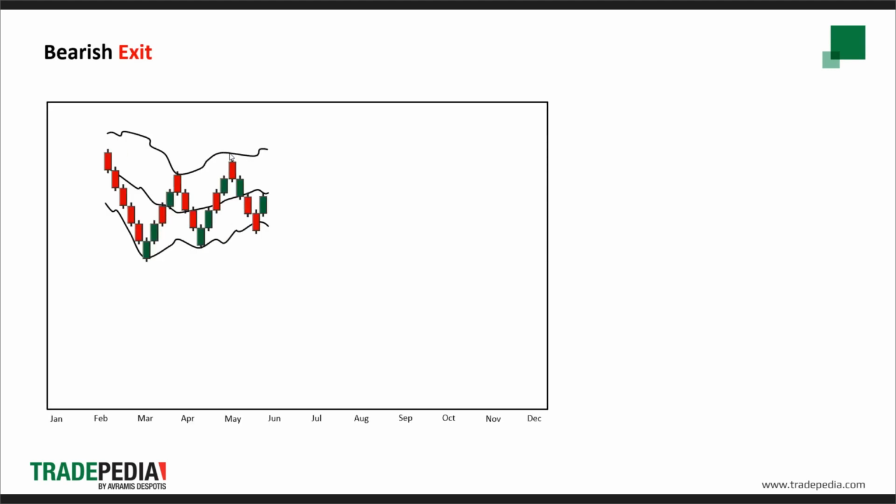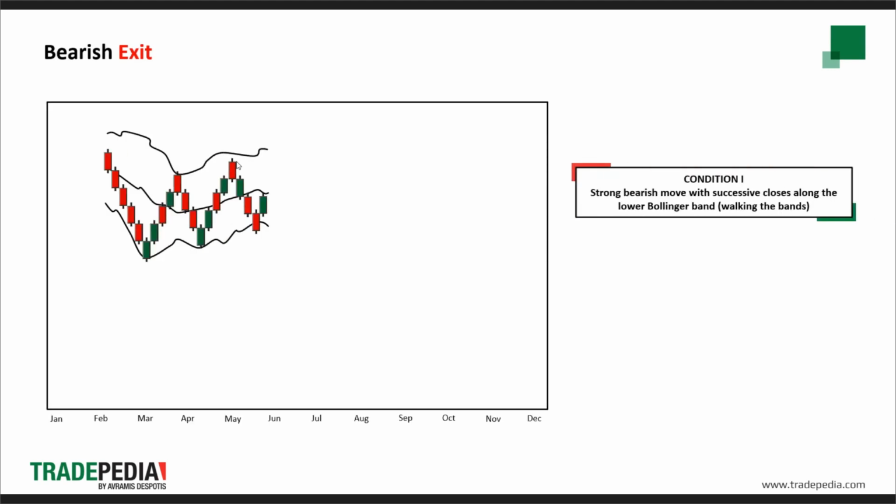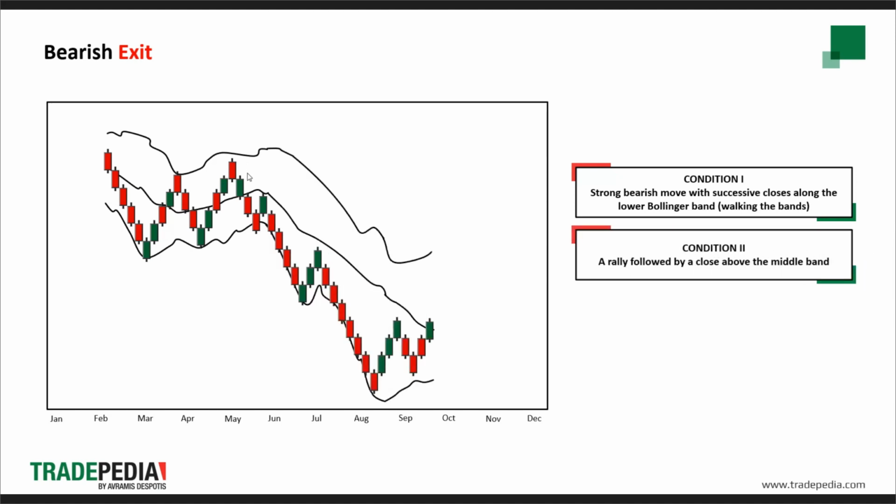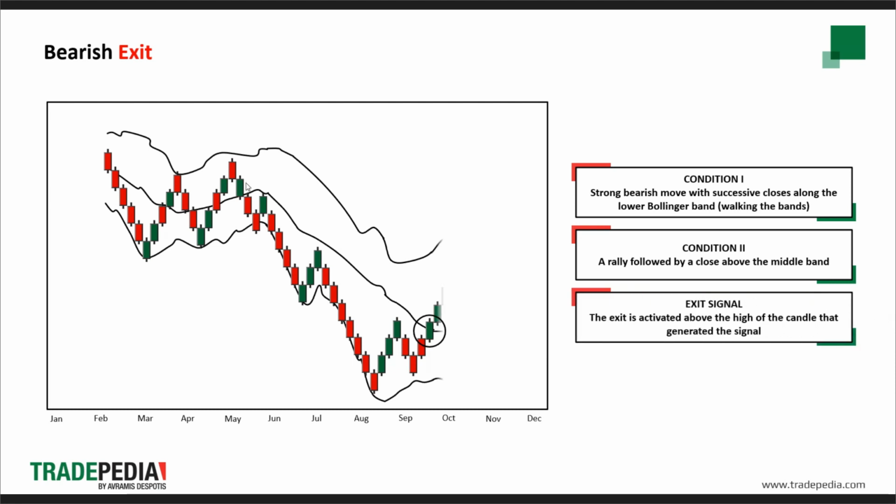Likewise, for bearish exit, it will be the opposite. We can see that the price is dropping, making lower high and lower low. Those traders that took a short position will ride it nicely with profit over here.